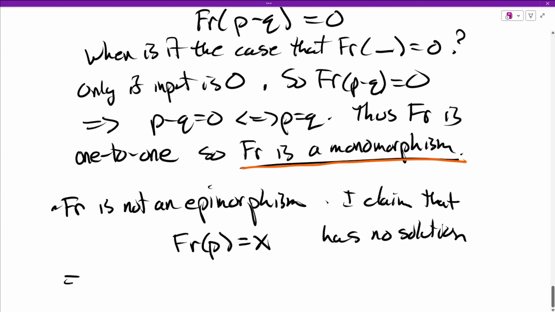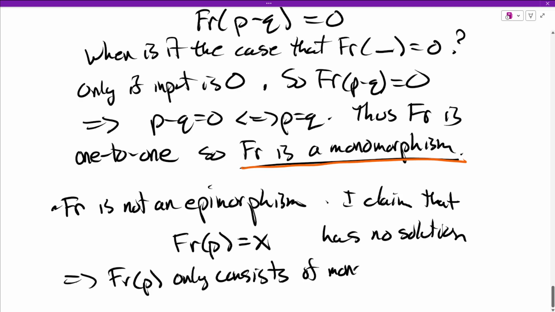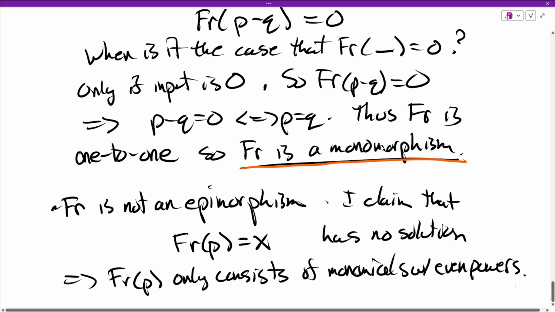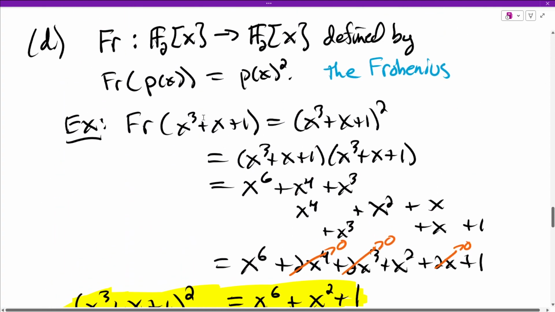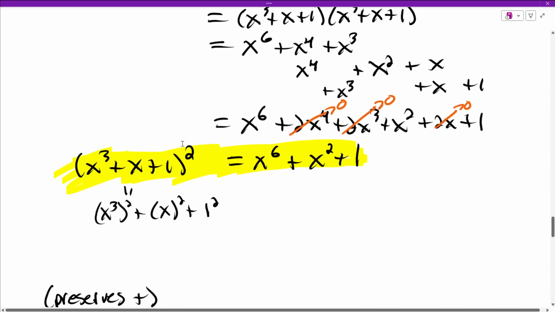In fact, the Frobenius of P only consists of monomials with even powers, as we saw, and we could prove if we wanted to. In fact, maybe I'll have you prove that. But in this example, when we plugged in anything, these were odd powers, what did we do? We squared the powers and made them even.